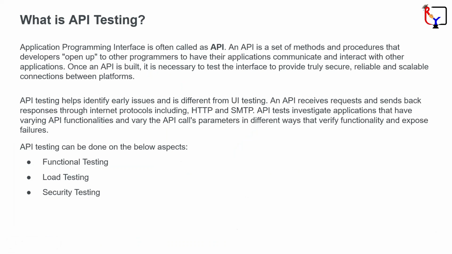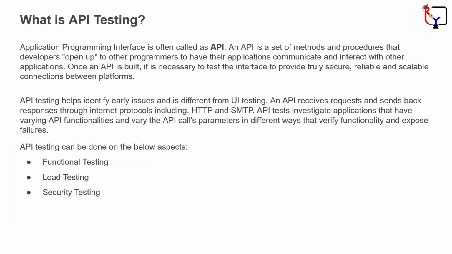API plays a very important role to receive data from the client, from the user, and send it to the server, and receive the response from the server, and revert to the user.